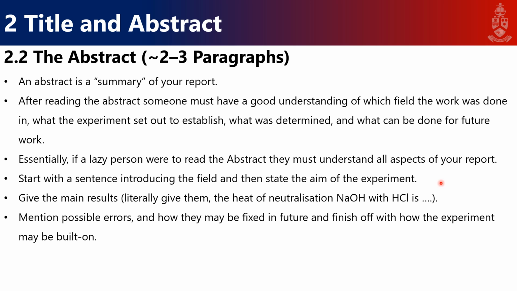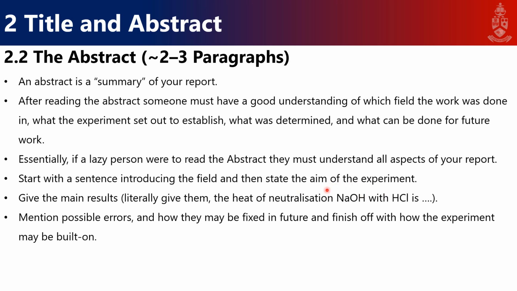So I would say something like, the field of perovskites has recently seen an inundation of new research due to their popularity in solar cell research, among other fields like this and this and this. In our work, we will look at the application of perovskites in solar cells. So now I've introduced the field and I've stated the aim of the experiment. So you'll introduce thermochemistry and you'll discuss what the aim of our experiment specifically is.